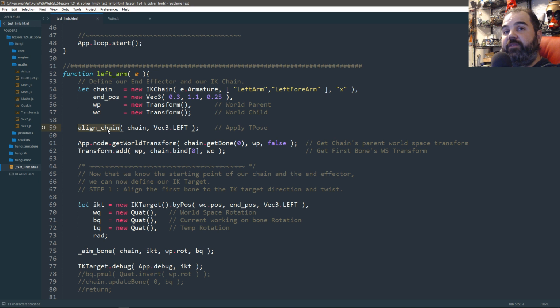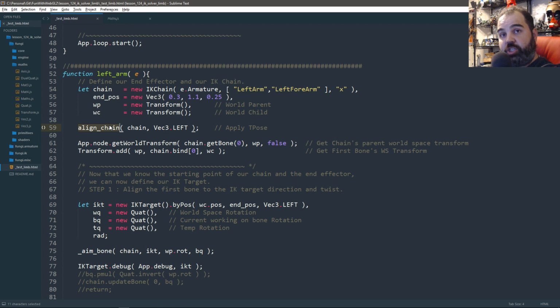I'm actually modifying the bind pose for the chain, because when I generate a chain, I make a copy of the bind pose. So this way I can leave the armature unaffected, but still have a copy of a different bind pose for that specific chain of bones.